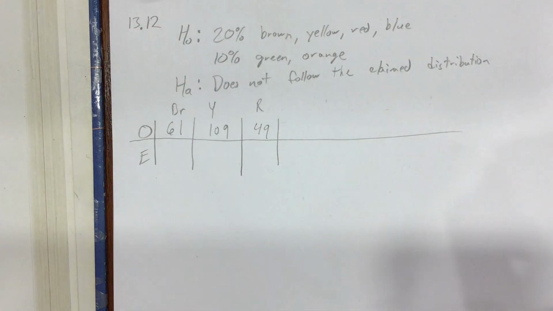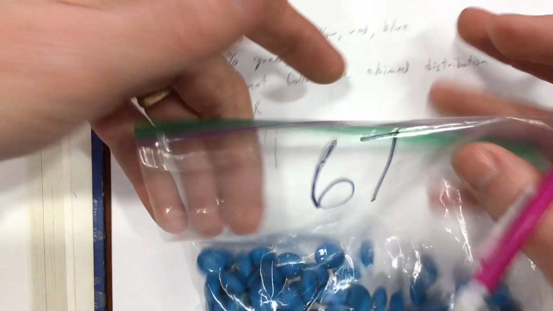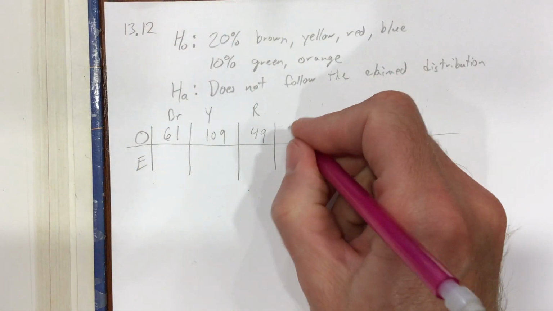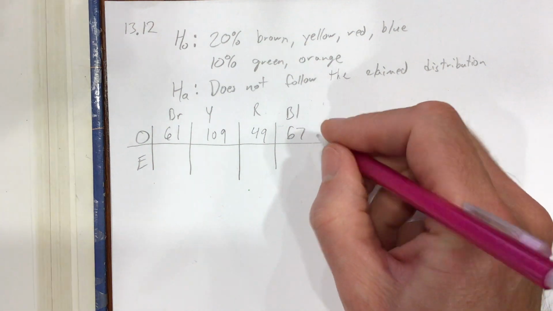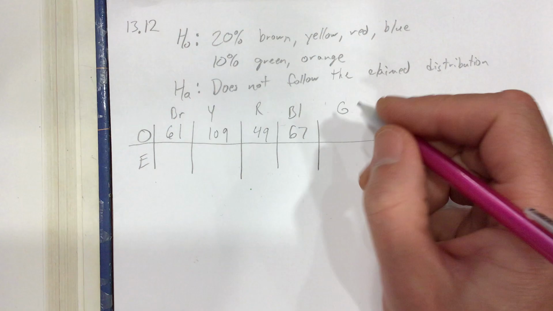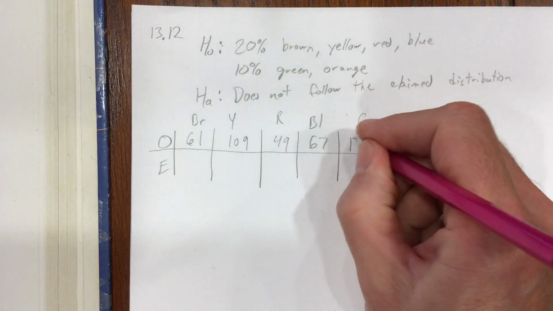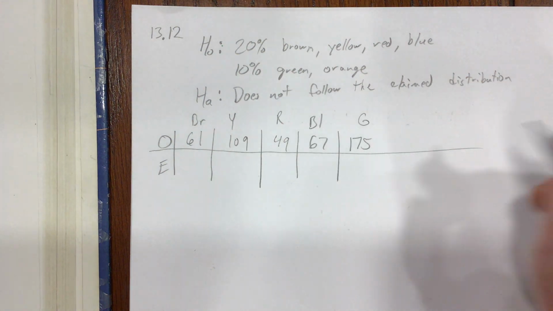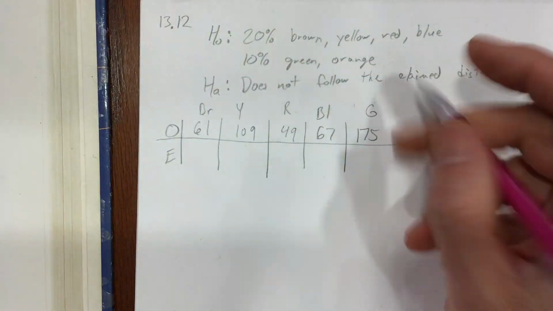And no, I didn't eat all the reds, if you were wondering. Blue, 67. Okay, for green, I had a lot, 175. Yeah, and that was supposed to only be 10%. And for orange, I also had a lot, 167.